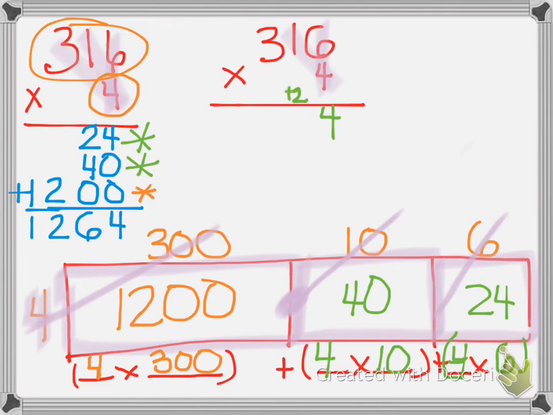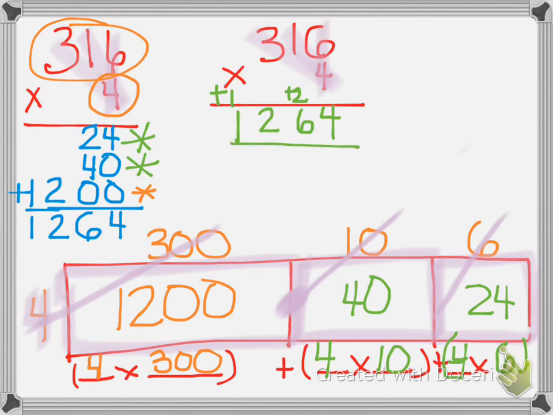So 4 tens, 5 tens, 6 tens. And then 4 times 3 hundreds is 12 hundreds, or 1,200. And then last, I'm going to multiply thousands, but I don't have any thousands to multiply. I do have 1,000 to add. So none multiplied plus 1,000 is 1,000.